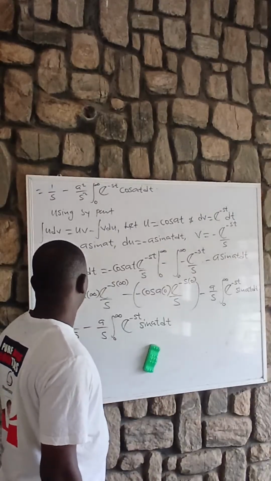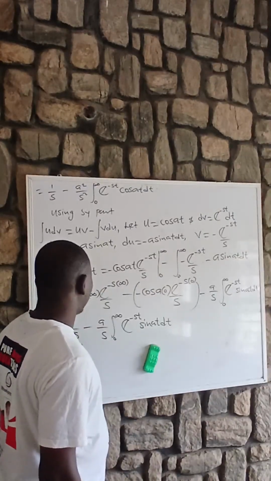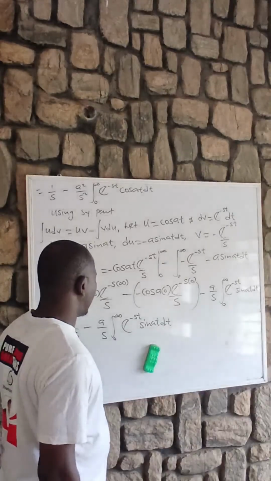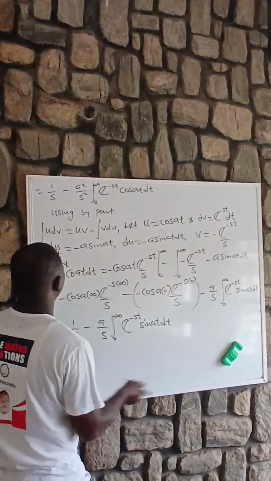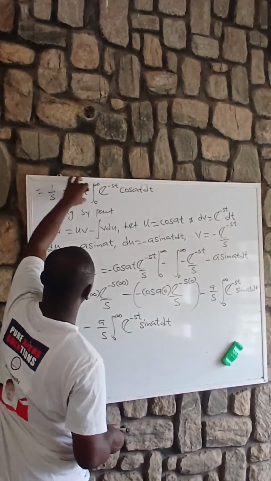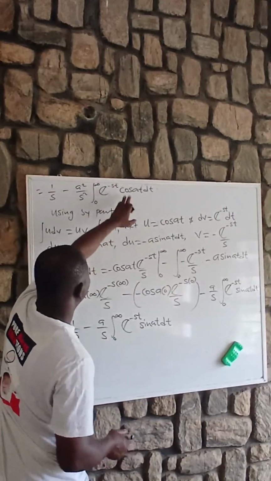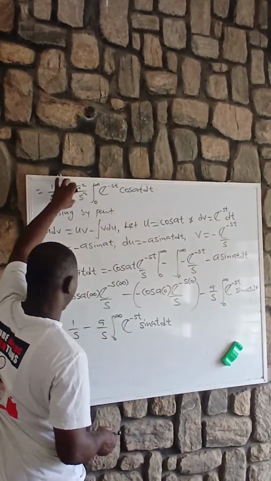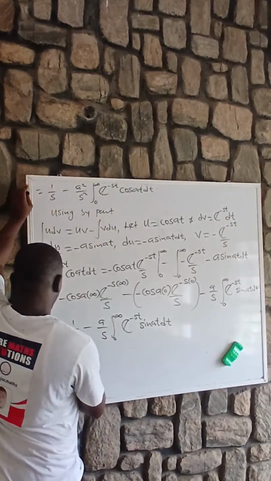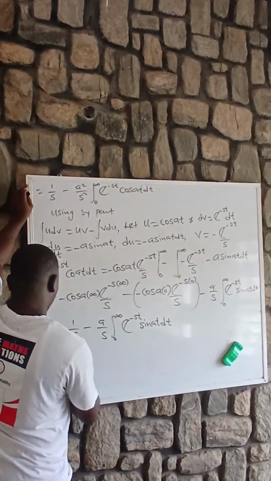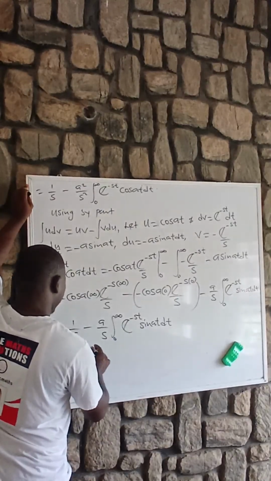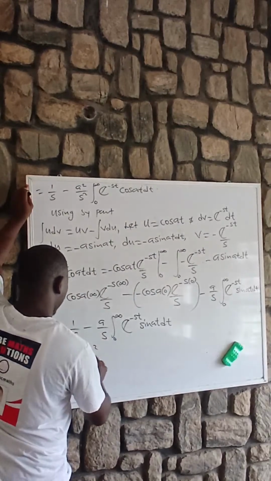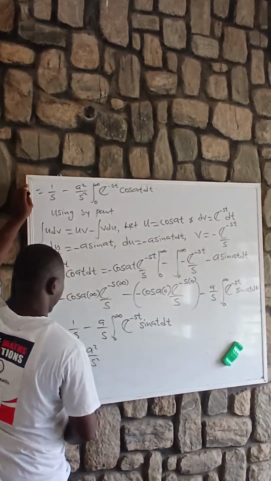It means let's just join everything together. Mind you, we took this from here, so something here is constant. So everything will now be 1 over s minus a squared all over s squared, am I right?